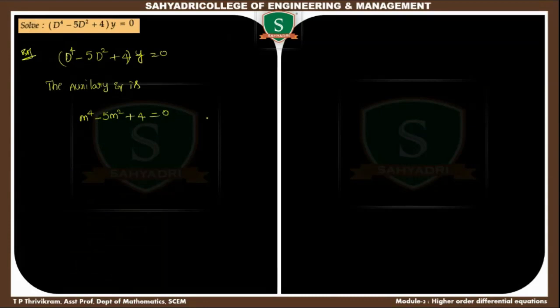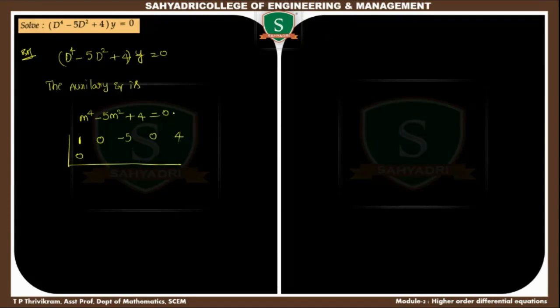So how to find the solution for this? By writing it in synthetic division form. m power 4 coefficient is 1. m cube coefficient is not there, so 0. m square coefficient minus 5. m coefficient is also not there, 0. Next constant term, 4.